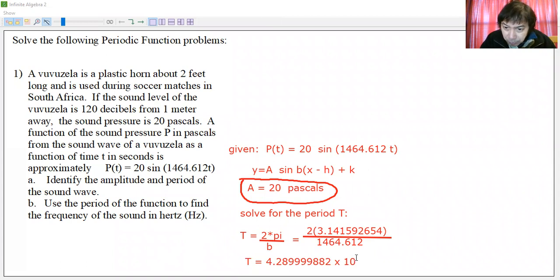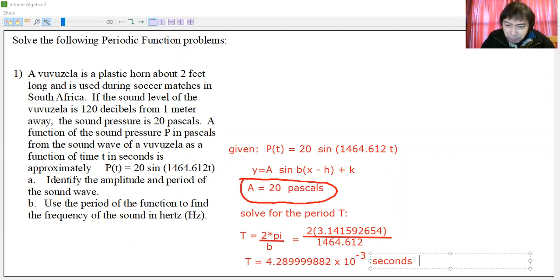In decimals, this is 0.0429. Of course, in what unit of time? This should be in seconds, according to the worded problem.